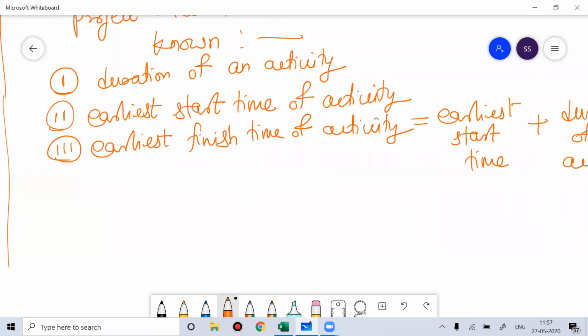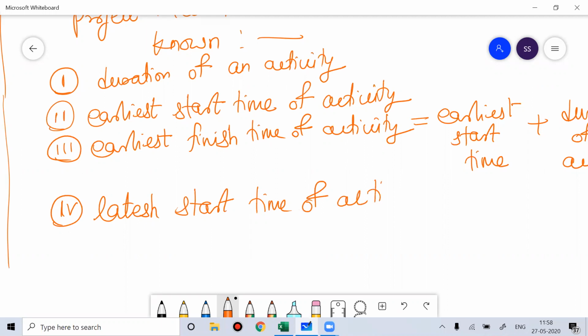Then the next term you should know is the latest start time of the activity. Latest start time of the activity means how late you can start. I'll give you an example to understand.